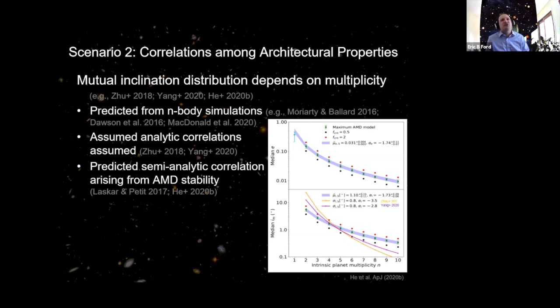You can imagine this could arise pretty simply from planet formation just because of dynamical stability. If you want to cram 10 planets into your planetary system, they're going to need to have low eccentricities and presumably low inclinations so as to fit and be dynamically stable. Whereas if you only had 2 or 3, they could be more widely spaced, with larger inclinations and eccentricities.